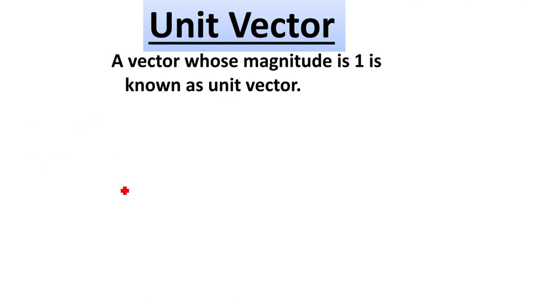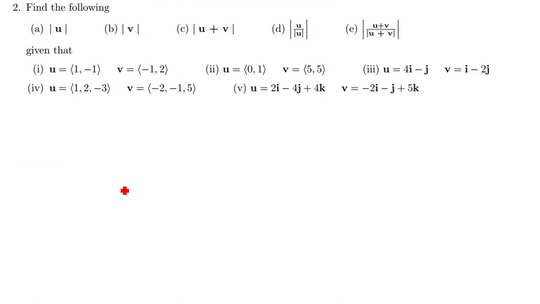Let's proceed. Let's look at this example here, which says find the following. The magnitude of u is straightforward. This is our u here, and your v is going to be that.